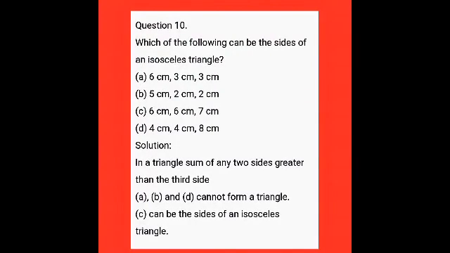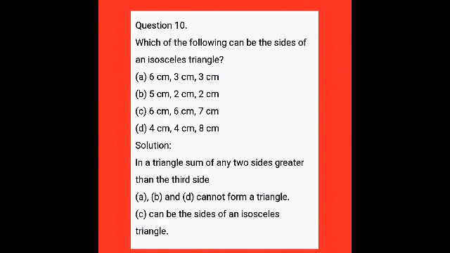Next, question number 10. Which of the following can be the sides of an isosceles triangle? An isosceles triangle means any two sides should be equal. According to the options, first is 6 cm, 3 cm, 3 cm; second is 5, 2, 2; third is 6, 6, 7; and fourth is 4, 4, 8.